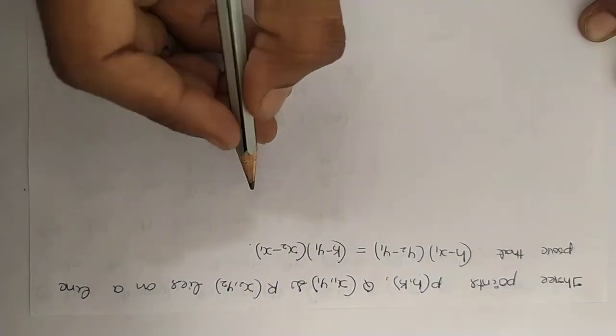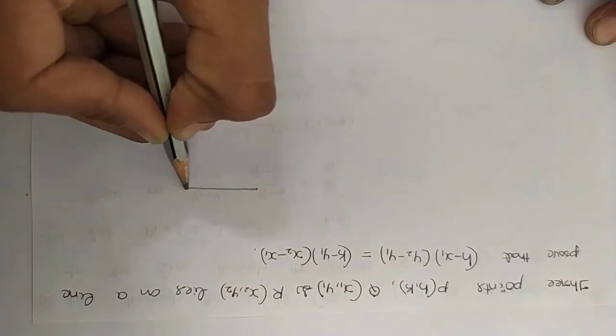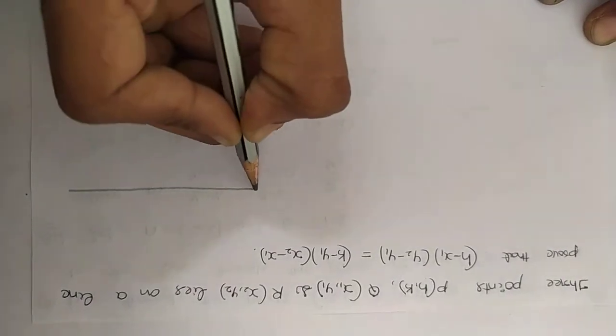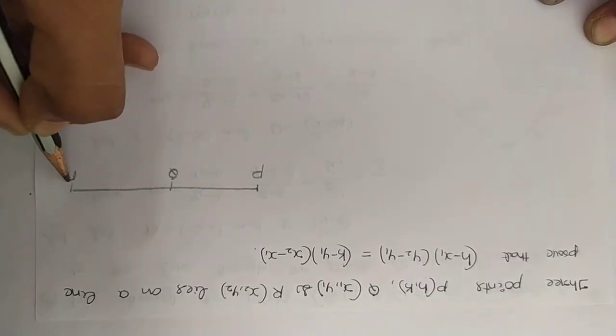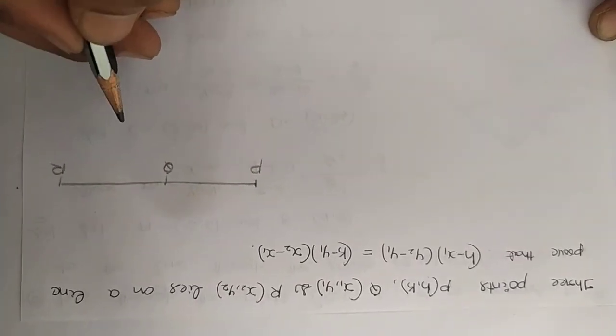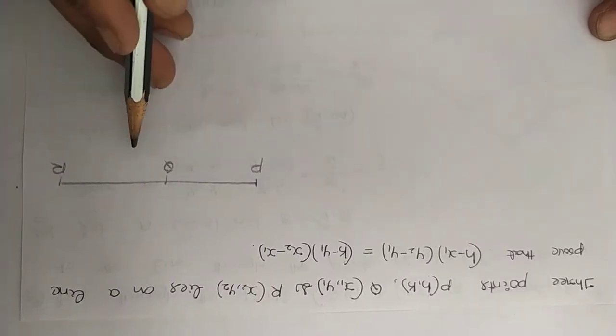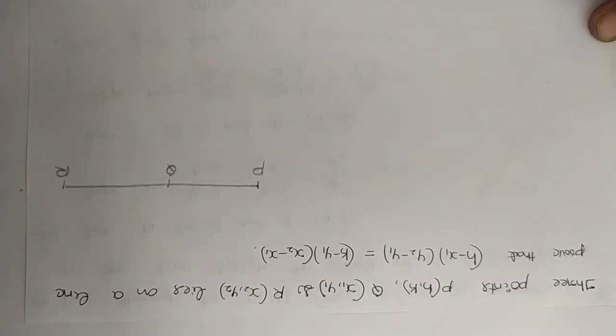He is saying that 3 points P, Q, R are collinear. If the 3 points are collinear, then we will have 3 conditions.